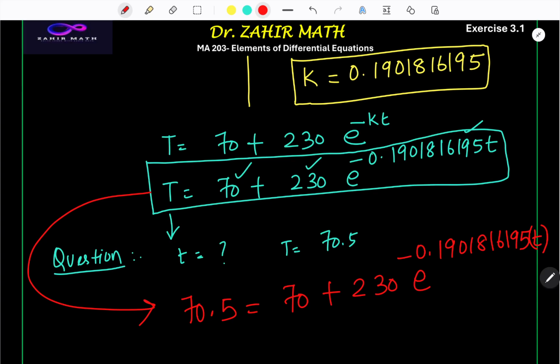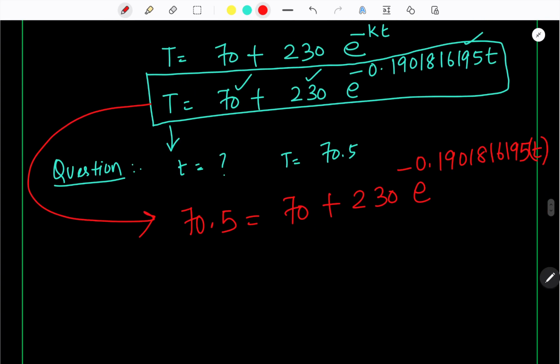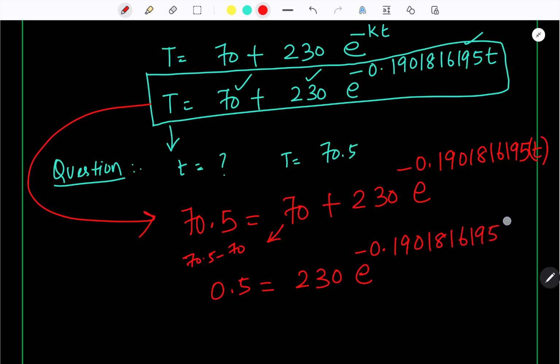Let me do one more step here: 70.5 minus 70. So it will be 0.5 equals 230 e power minus 0.1901816195 t. If you are getting the answer, go ahead.